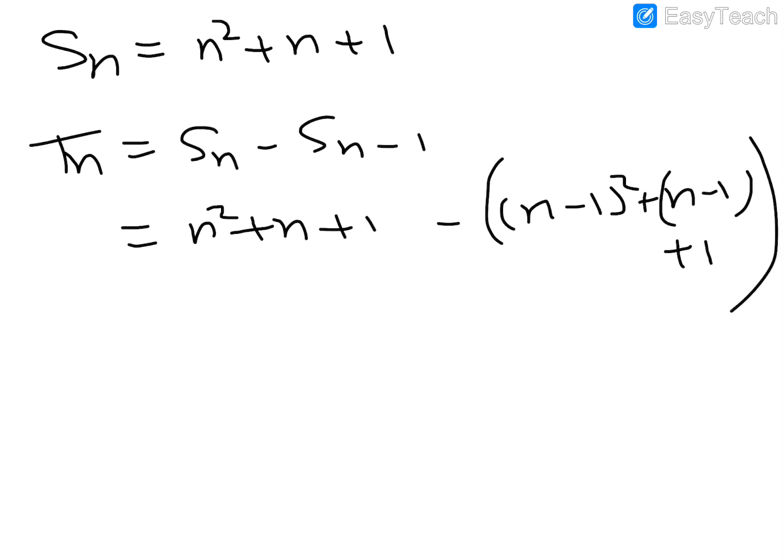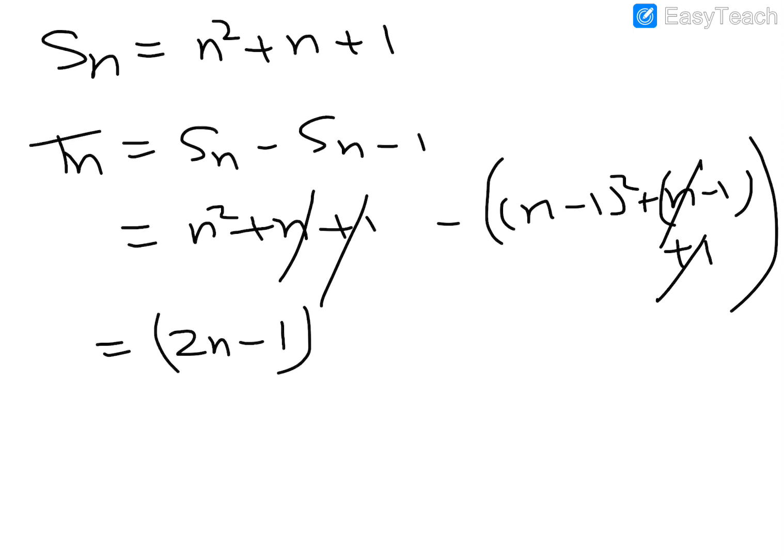If you simplify it, this 1 cancels, this n cancels. So here again 2n minus 1, 2n minus 1, and it will be plus 1. So here you are getting 2n.